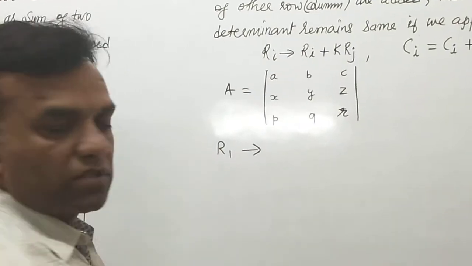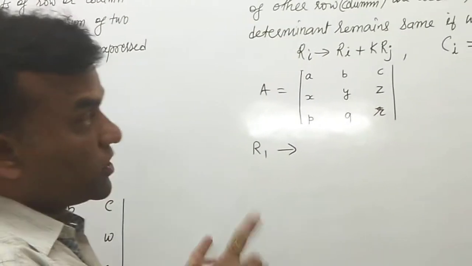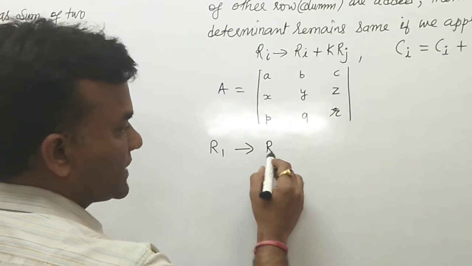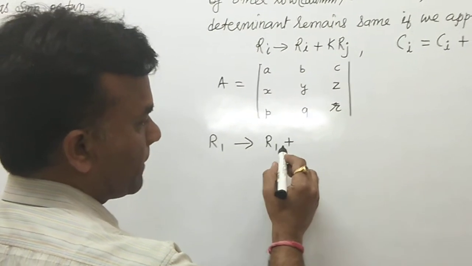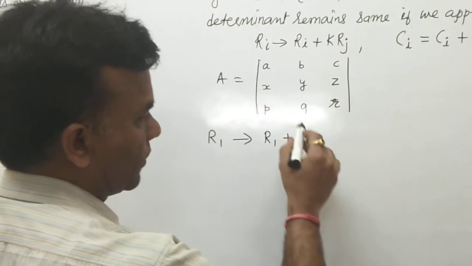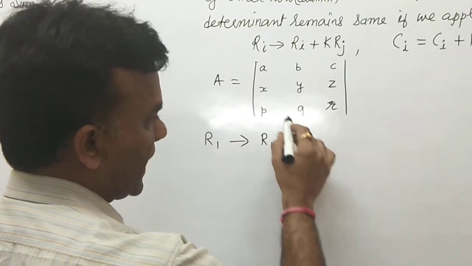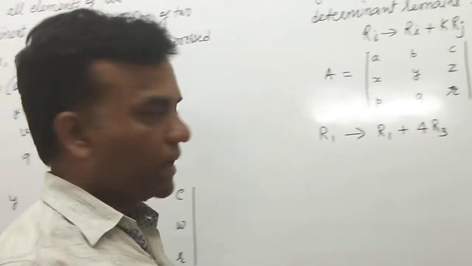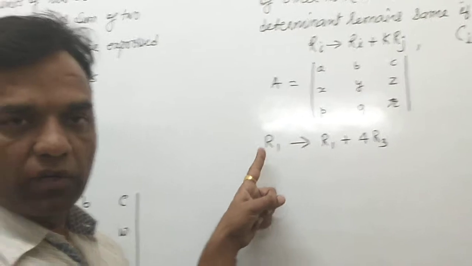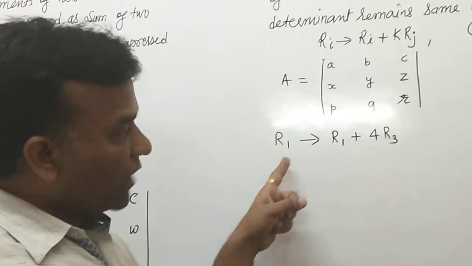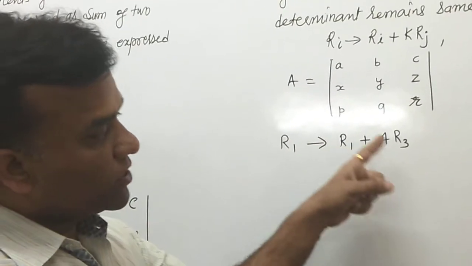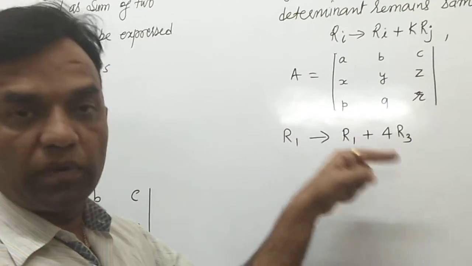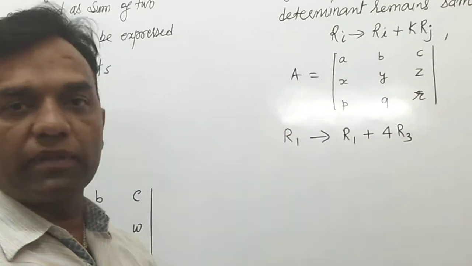R1 tends to means you change R1 with respect to another row. So R1 you put as it is, plus 4 times R3. You want to change R1 with respect to R3: some scalar is multiplied in R3 and then added to R1.